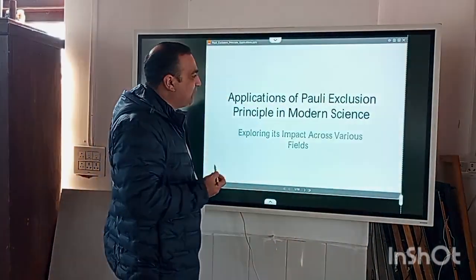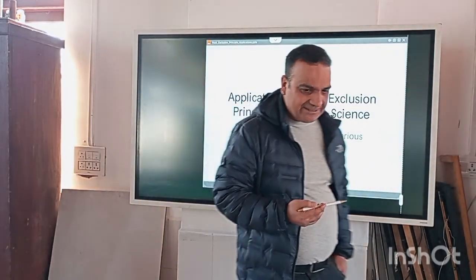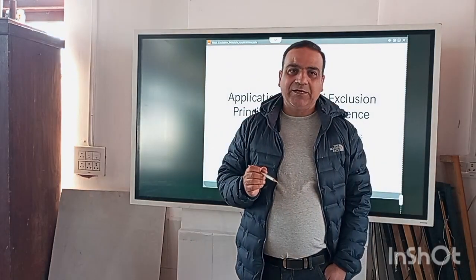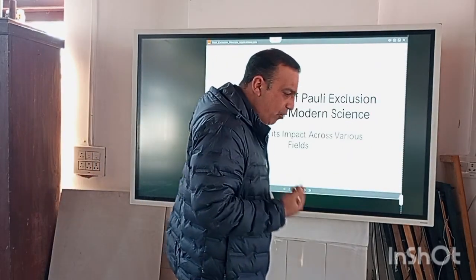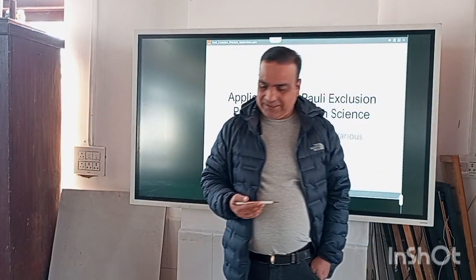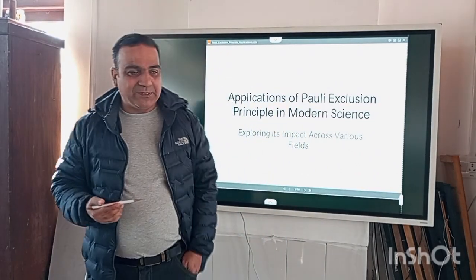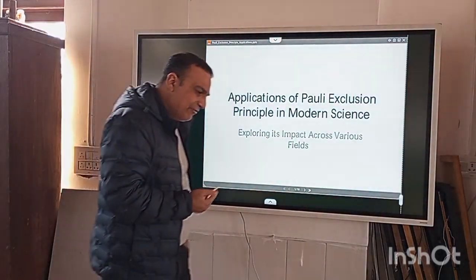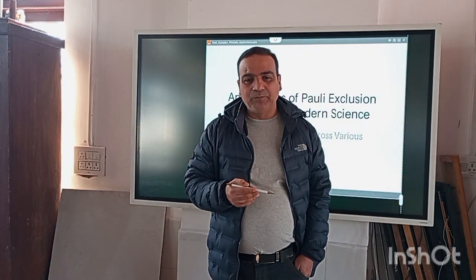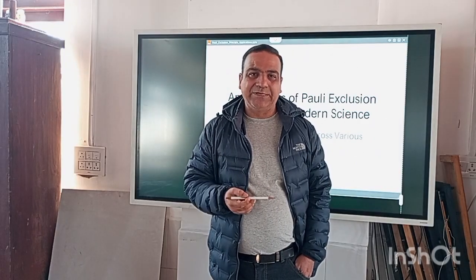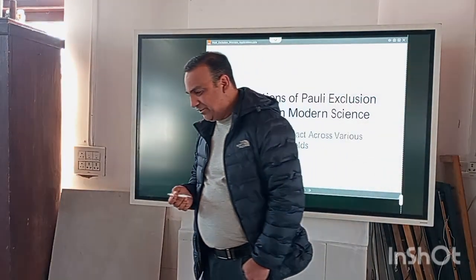The statement of Pauli's exclusion principle is that it is not possible for two fermions to occupy the same quantum state. Another way of expressing it is that you cannot have two electrons in the same quantum state having all four quantum numbers equal to each other.